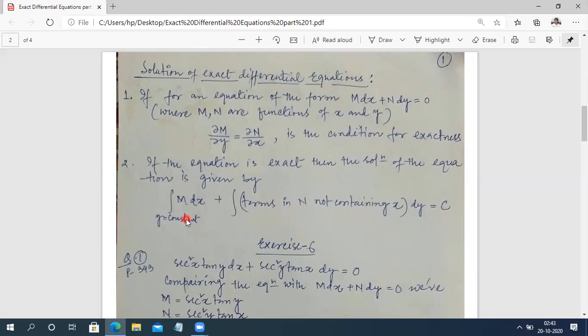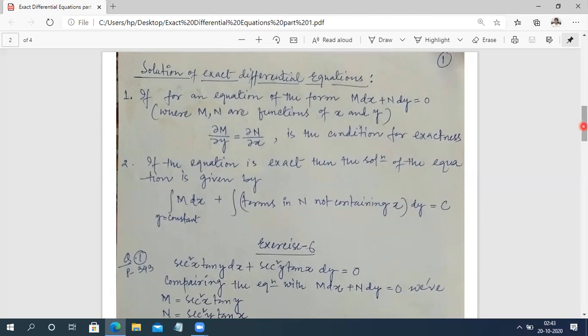So what is the solution? The integration of M dx keeping y as constant plus the integration of those terms of N which do not contain x with respect to dy is equal to c.